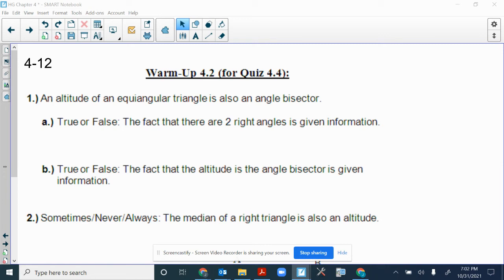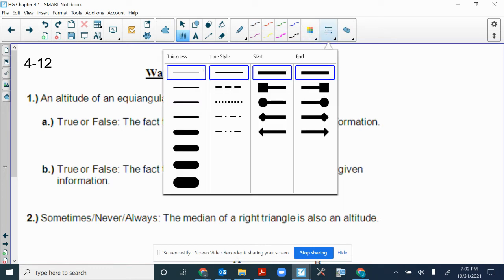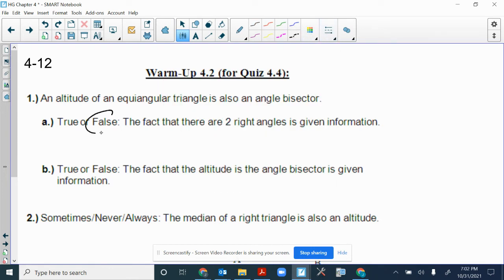So as far as what's given here, the first part, the fact that there are 2 right angles is given information, is not given, right? We can easily deduce that we have some right angles, right? Based on the fact we have an altitude, but we can't just say we have right angles. We have to give a reason. So because of that, it is not given.